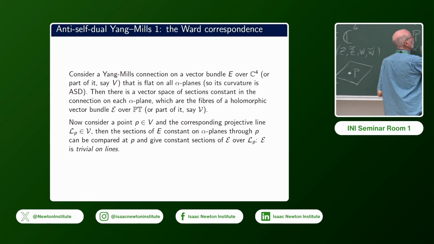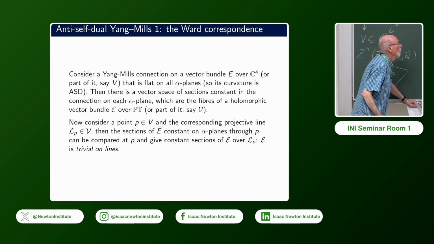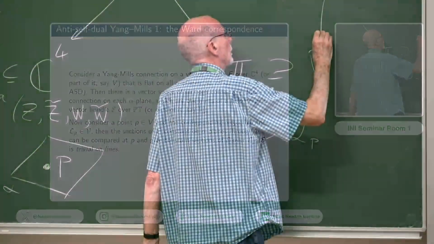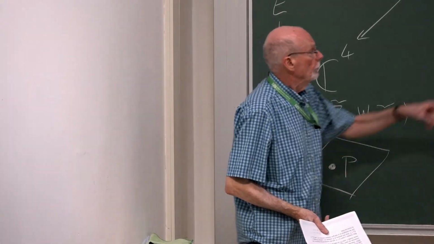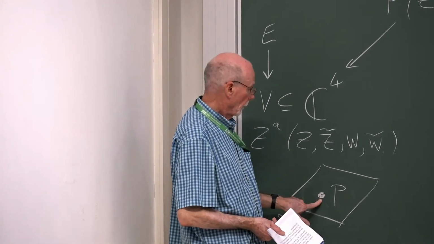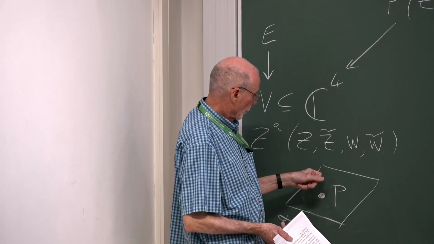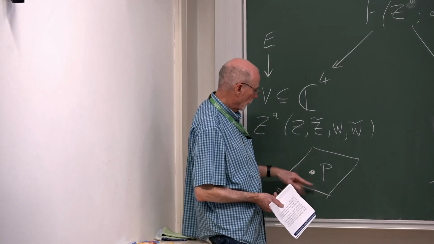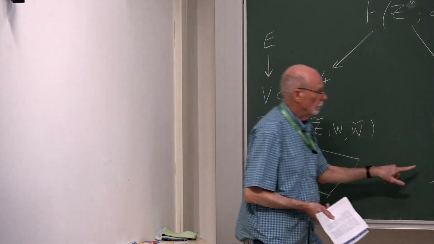So there's a corresponding bit of this with another vector bundle over it. And it's got another property: if you restrict it to one of these lines, well, that's a particular point, and you're looking at all the alpha planes through that point, but you've got a vector space of solutions on this alpha plane through that point, and ditto on any other one, so you can glue them all together, and the bundle's going to be trivial.